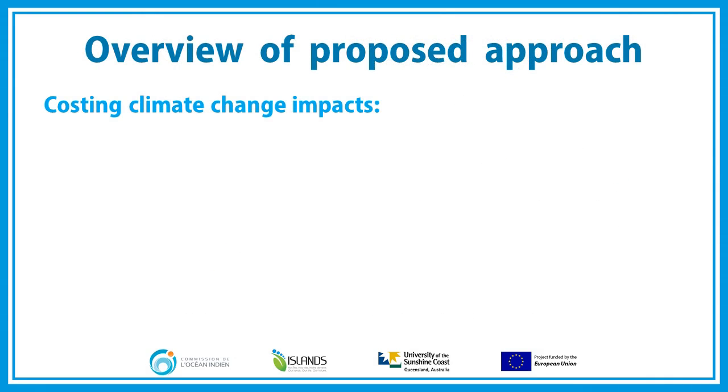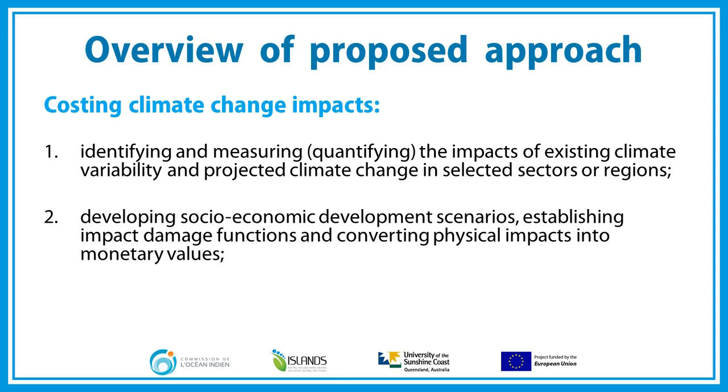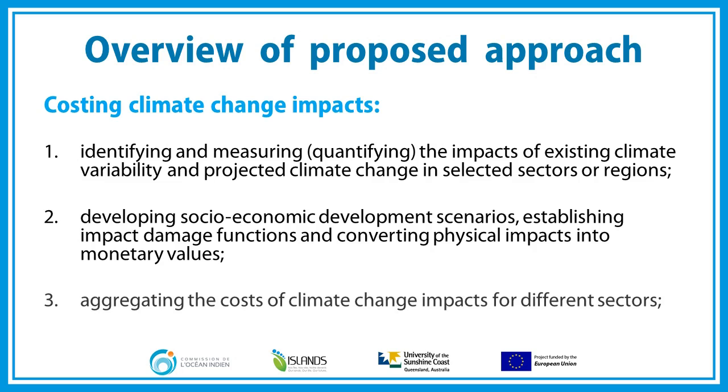To summarize, the steps in the economic assessment process are: first, identifying and measuring, that is, quantifying, the impacts of existing climate variability and projected climate change in selected sectors or regions. 2. Developing socioeconomic development scenarios, establishing impact damage functions, and converting physical impacts into monetary units. 3.